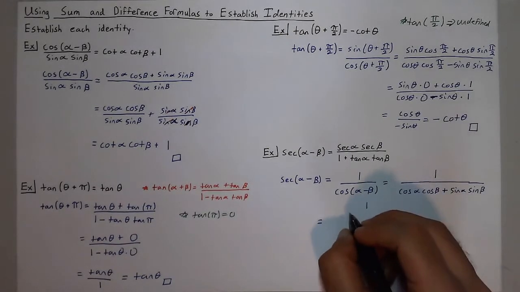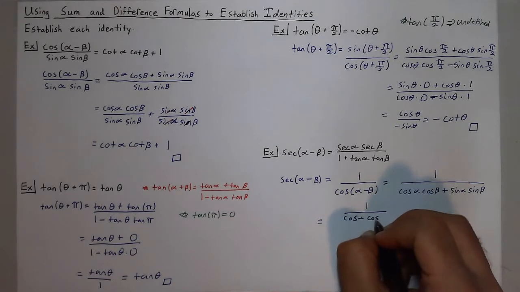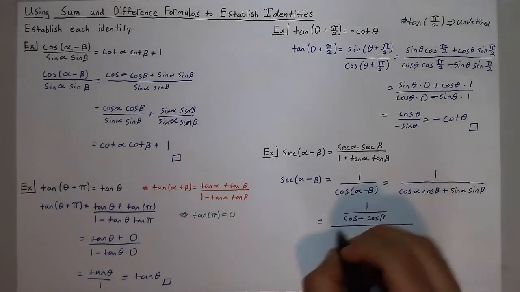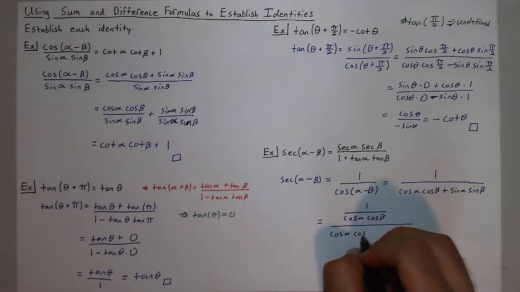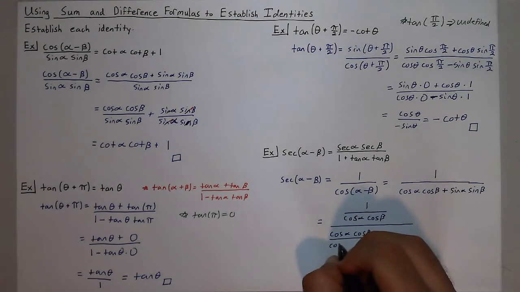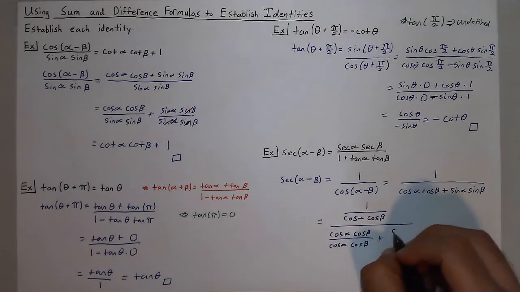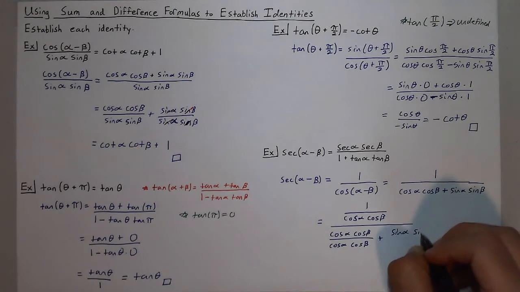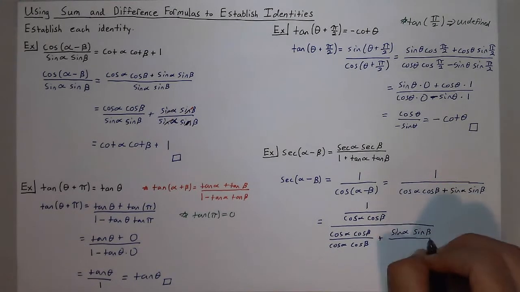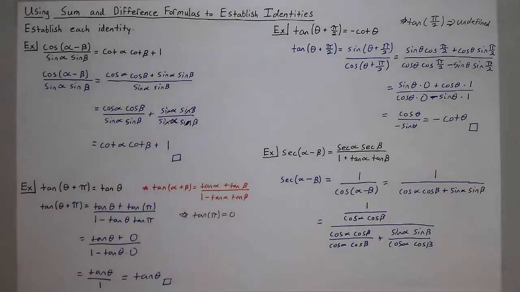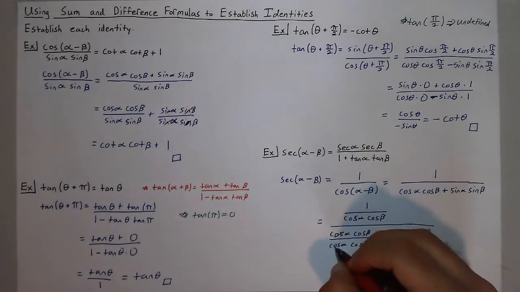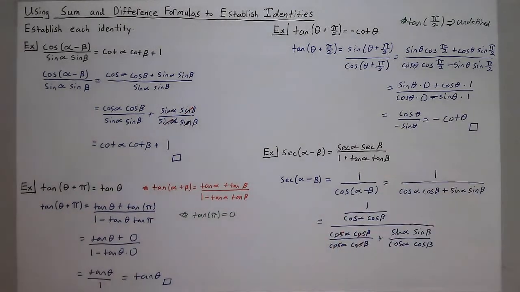So I'll have 1 over cosine alpha cosine beta, all over cosine alpha cosine beta divided by cosine alpha cosine beta, plus sine of alpha sine of beta over cosine alpha cosine beta. Everything has been divided by those two factors. Now as I go through, I'll see that the cosine alphas and cosine betas in my lower left get canceled.